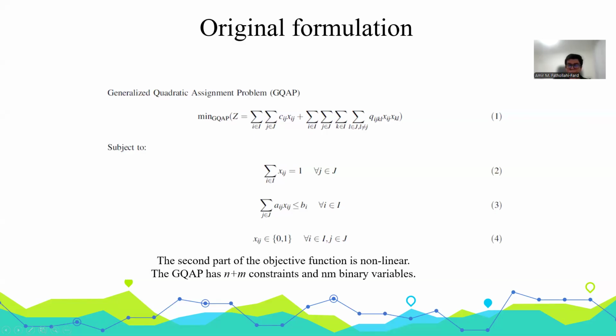So note that this optimization problem has n plus m constraints based on constraint number 2 and constraint number 3, and we have nm variables, which are the binary variables that we will have.